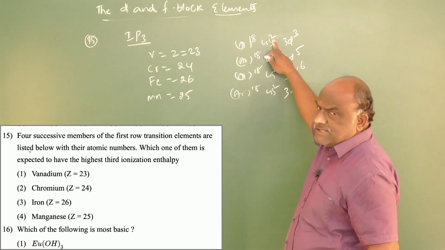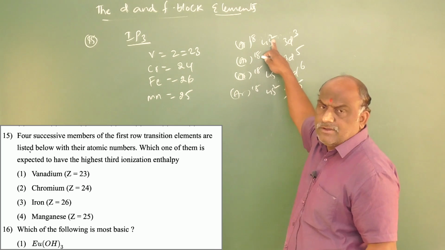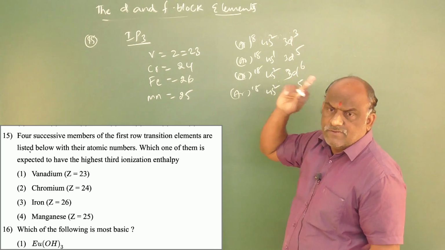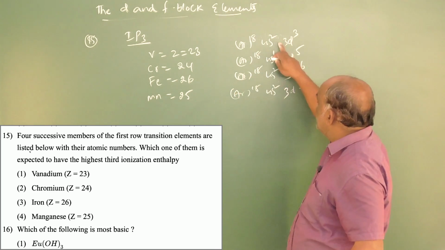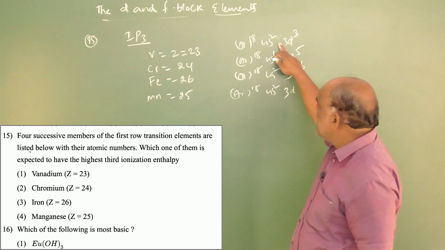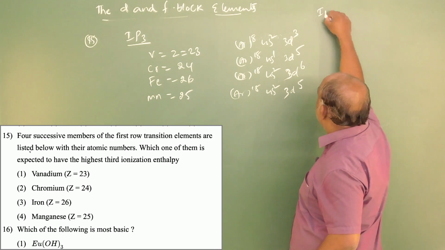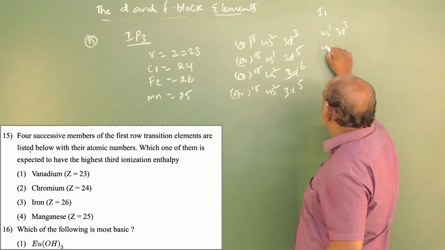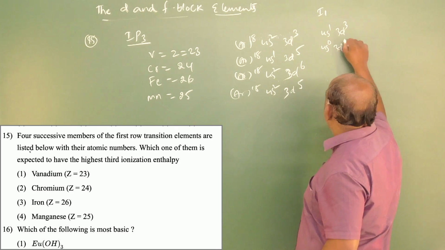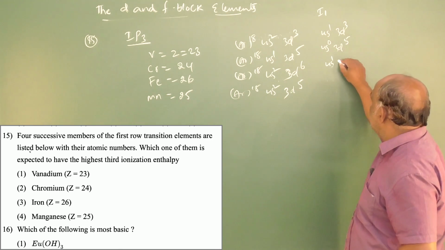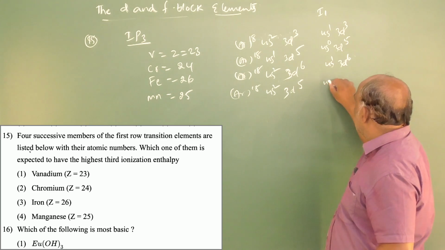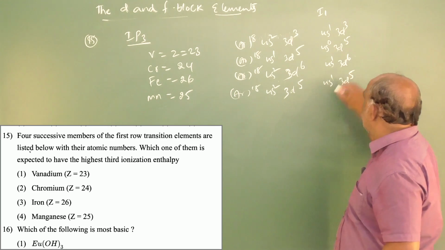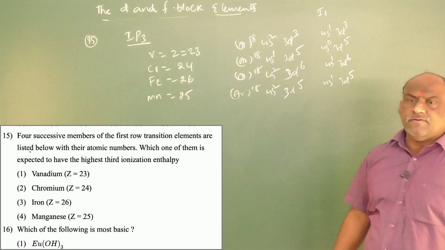Removing one electron from the s orbital is said to be ionization enthalpy 1. This is the general electronic configuration. What is I1? 4s1, 3d3; 4s0, 3d5; 4s1, 3d6; 4s1, 3d5. This is I1.